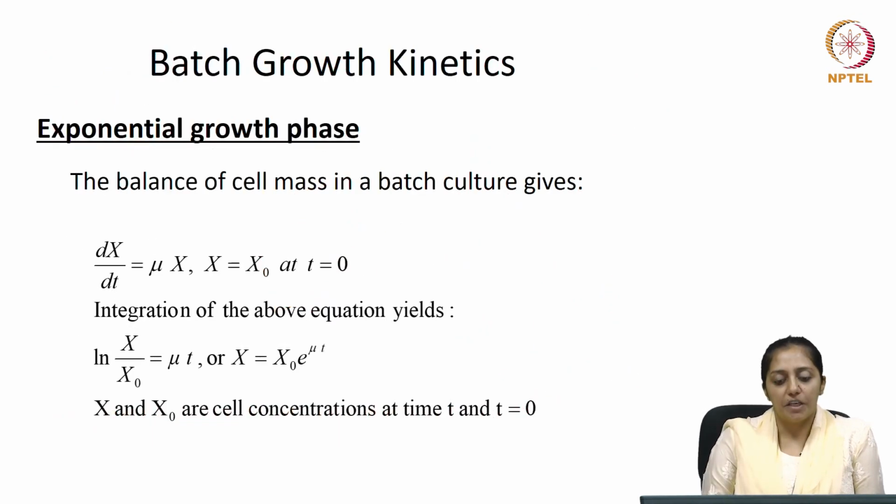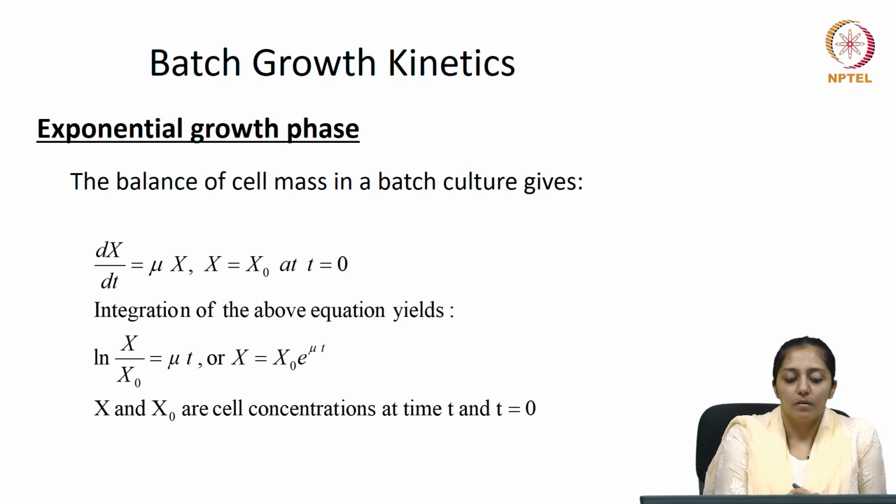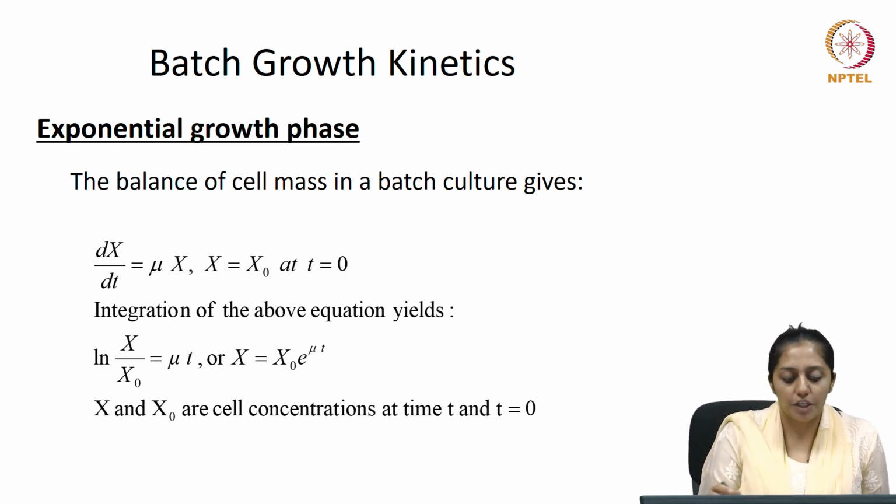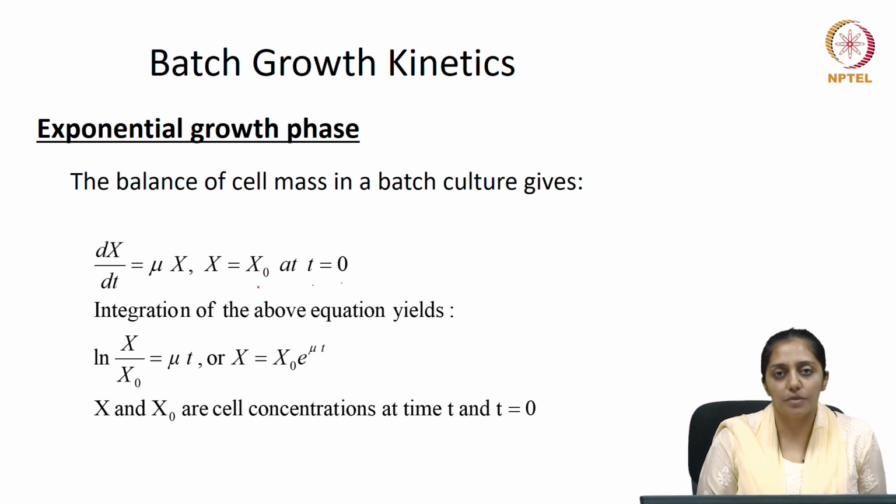Let us see the exponential growth phase. With the balanced growth assumption, we know that for a batch culture, the rate of change of cell biomass can be given as specific growth rate times the cell concentration. It is assumed that the cell concentration is x naught at time t equal to 0, which means at the beginning.